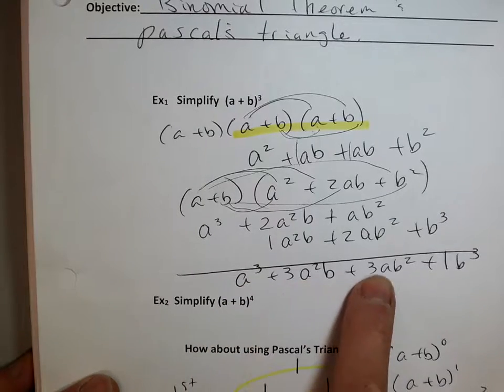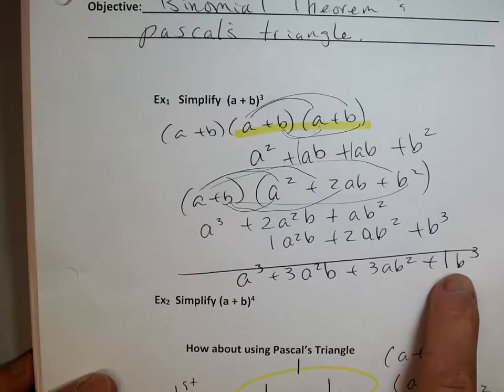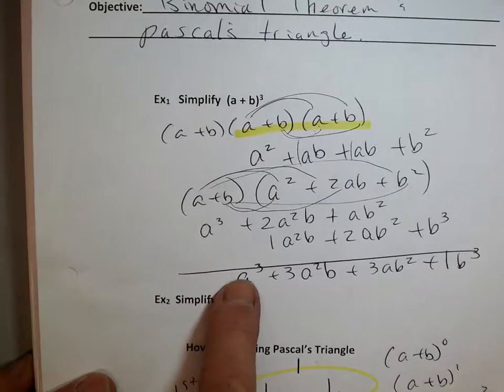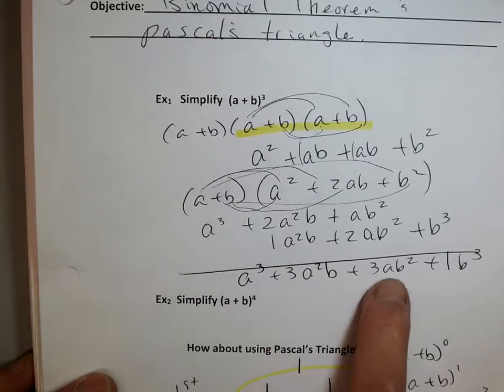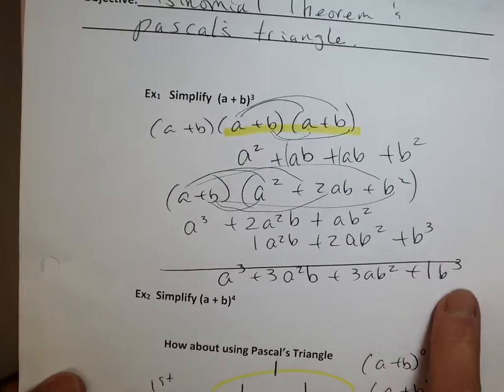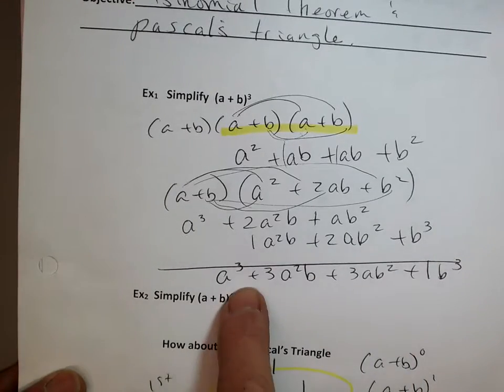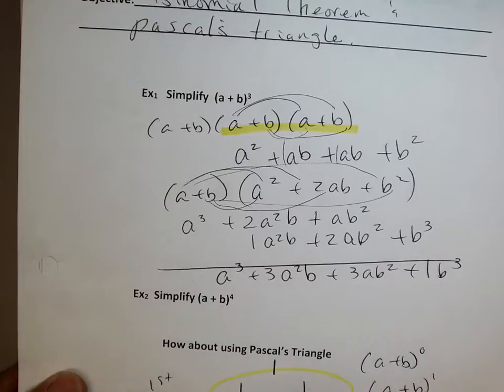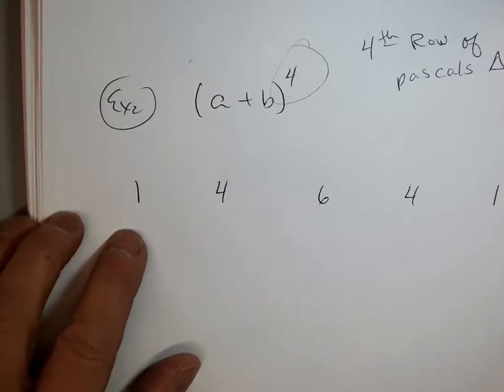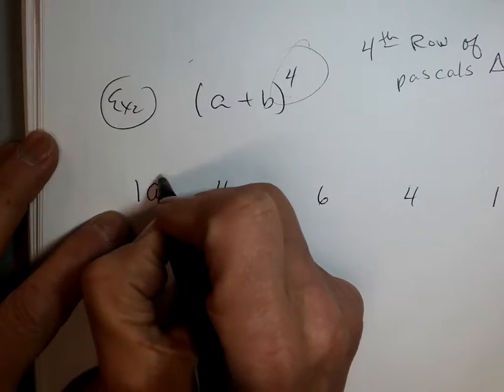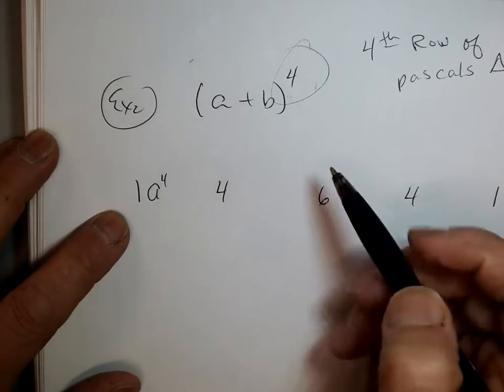Now, we know from what we've been doing, look at our previous example, a cubed, a squared, a1, no a's. You see that? See the pattern? A cubed, a squared, 1a, no a's. And on the back, b cubed, b squared, b to the 1, no b's. It's the same thing, but we're going to do it with the 4th. So I'm going to start out with an a to the 4th. Agreed?